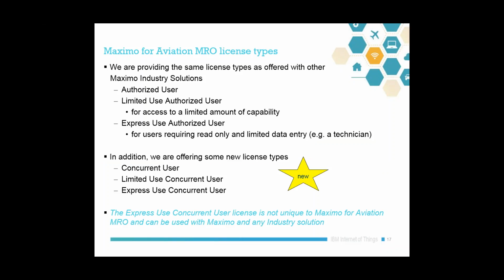For the Aviation MRO product, we're still offering the same kind of licenses we have for other industry solutions: the authorized user, the limited use authorized user, and the express user. In addition, we're announcing and have provided concurrent user, limited use concurrent user, as well as express use concurrent user licenses.